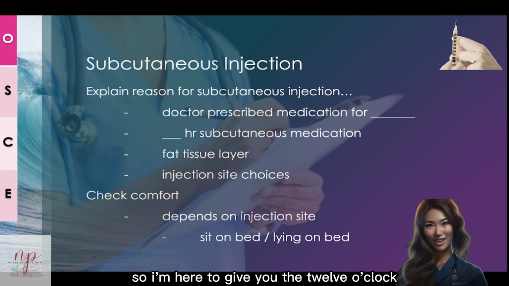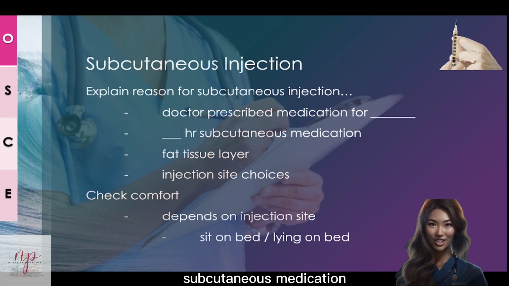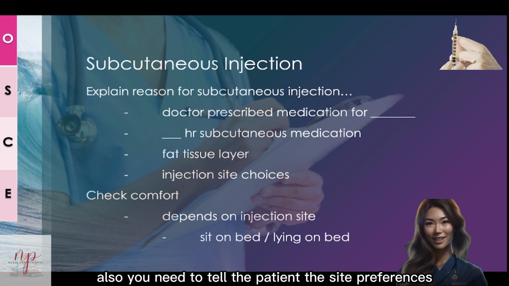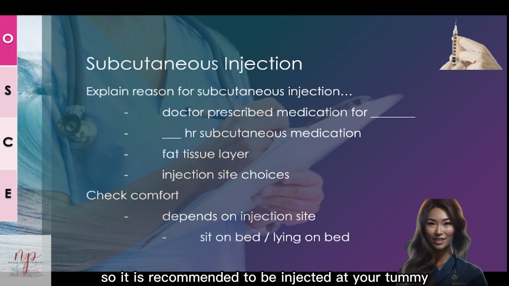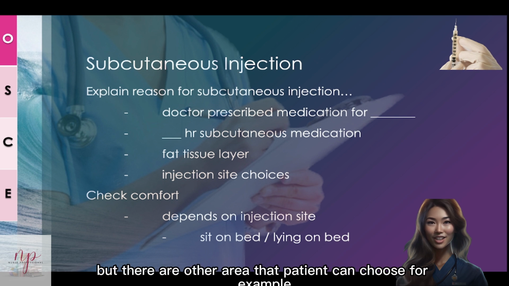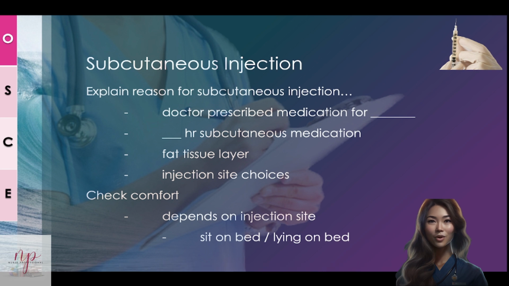So I'm here to give you the 12 o'clock subcutaneous medication. It will be given to your fat tissue layer. Also, you need to tell the patients the site preference. It is recommended to be injected at the tummy. But there are other areas that patients can choose, for example, the upper arm, the middle thigh.